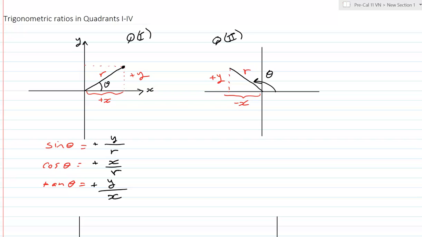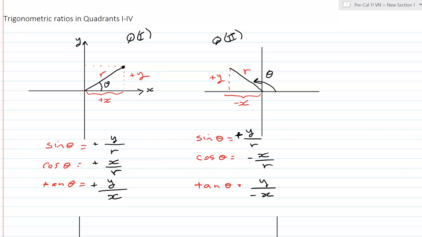Remember, we are using the reference angle to the standard position angle to actually get a value for that theta based on the quadrant. So let's go ahead and do that. All right, so these are the ratios. Now notice a couple of things. Number one is that some ratios like sine, they're both positive in quadrant 1 and quadrant 2.